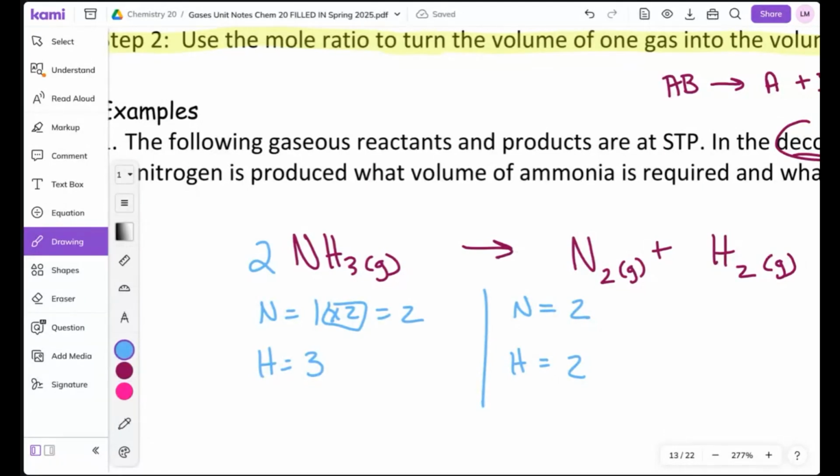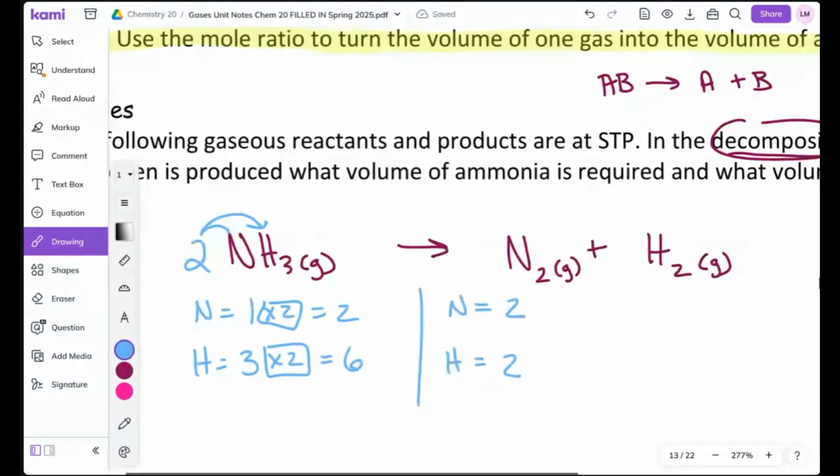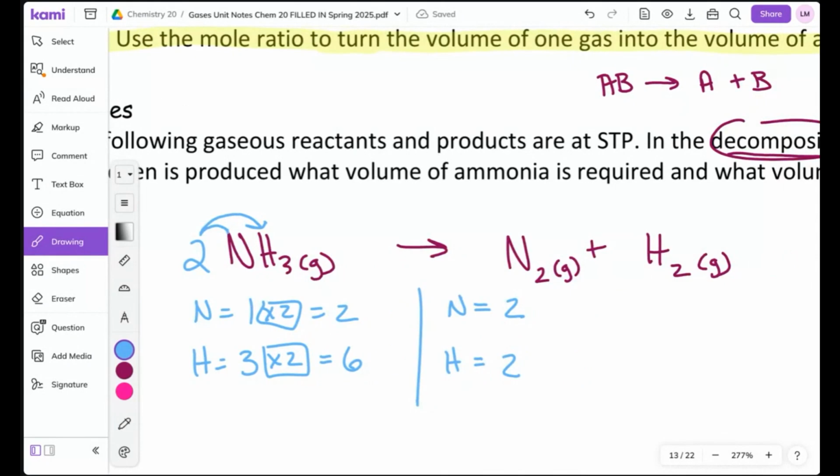But that 2 doesn't just affect the nitrogen, it also affects the hydrogen. So we have 2 nitrogen atoms and 6 hydrogen atoms on our reactant side. Now, if we go to our product side, we only have 2 hydrogen atoms coming out.